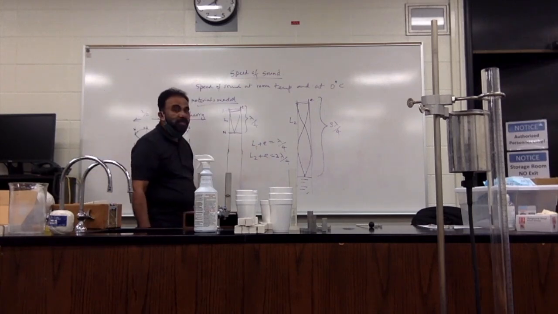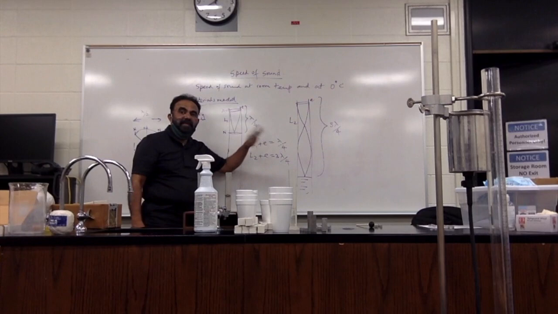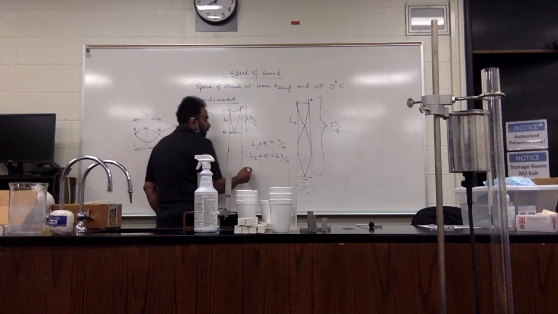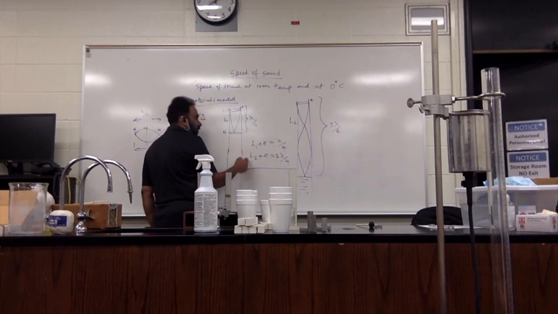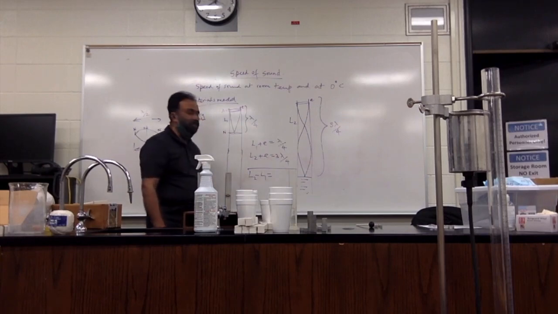Now we have two equations, a system of equations. If I subtract these two equations, guess what? I can get rid of the E. So I subtract the first equation from the second equation, so I get L2 minus L1 is equal to, what is 3/4 of lambda minus 1/4 of lambda?